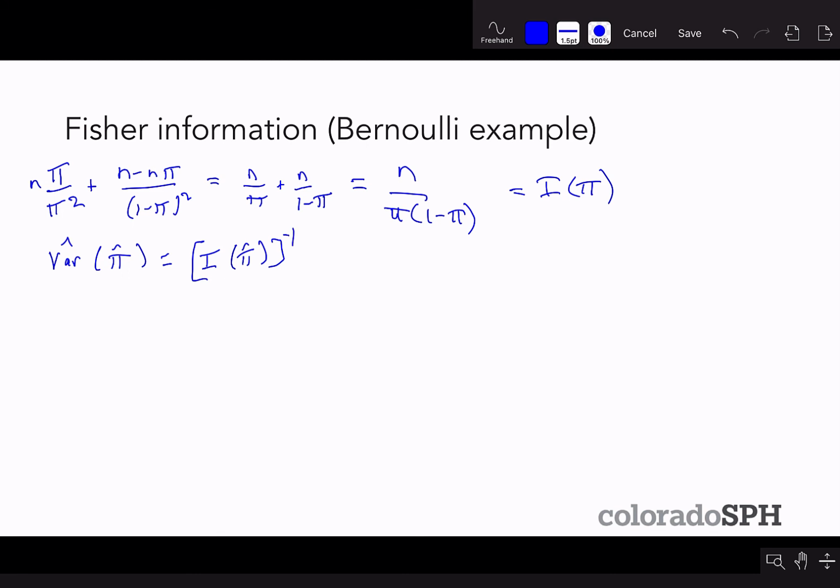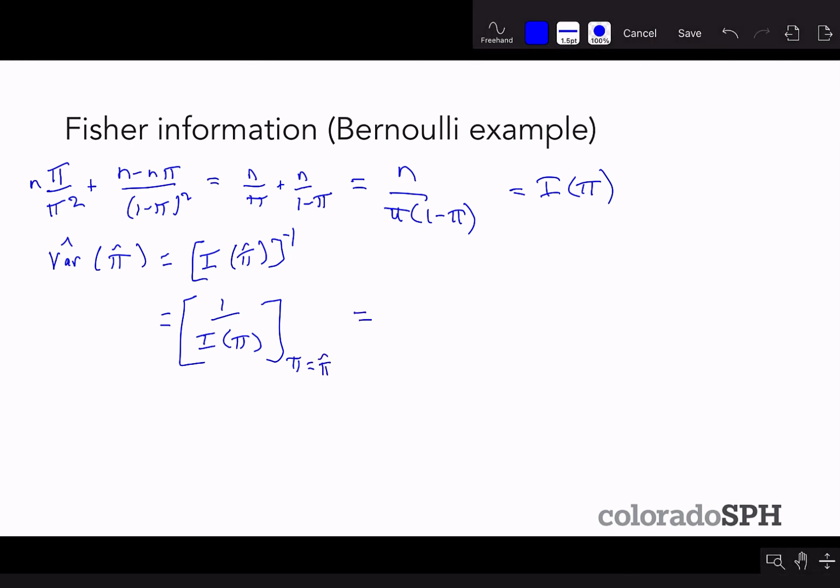So to get that, we'll take 1 over our calculated information and then plug in the value of pi hat, which is the MLE.